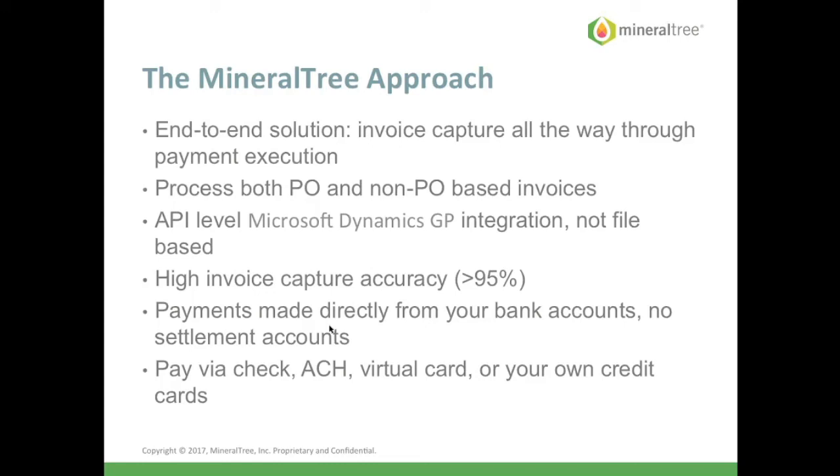The other thing is we do have, like I mentioned, an API level integration where data is flowing on a constant basis in both directions, versus many of the products out there today are still file based, which creates a tremendous amount of opportunity for discrepancies and issues, and you can certainly end up spending more time trying to figure out why the two systems don't match up, whereas when you're moving that data more naturally through the APIs, you won't see as much of that.